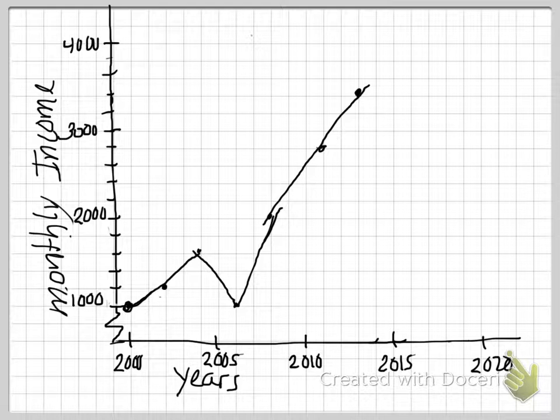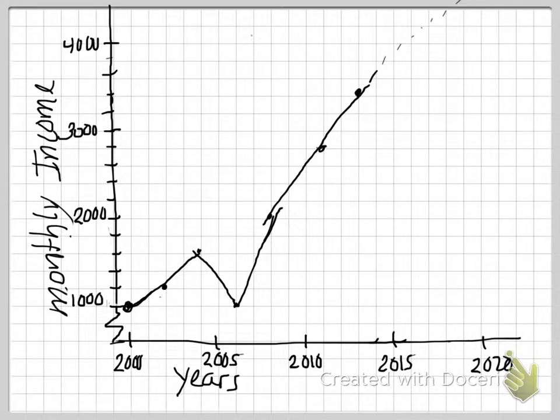And you can see it continuing to increase. They might ask you, estimate what my income might be in 2020. And so you kind of have to just pretend that continues and say, oh, well, it should be about $5,000 or somewhere close to there. Okay, so you can estimate or extend out.